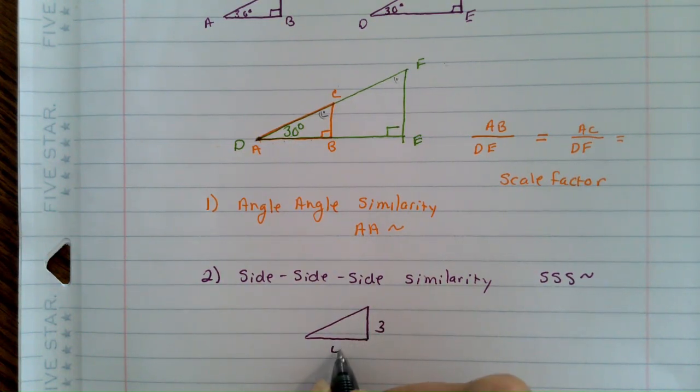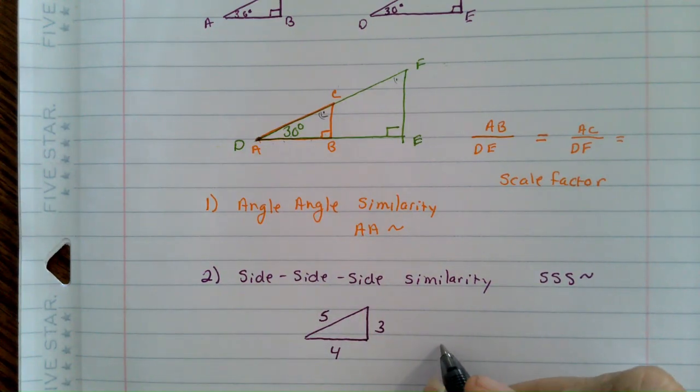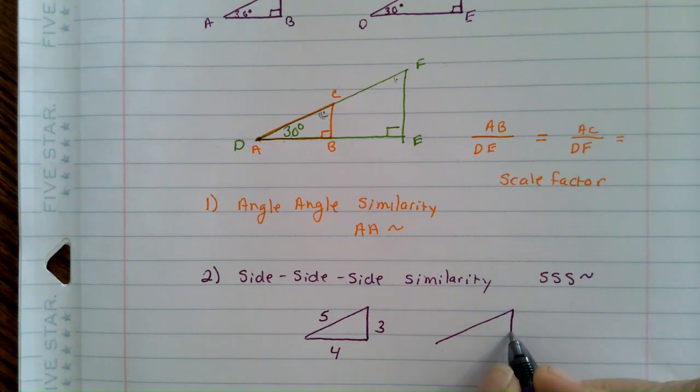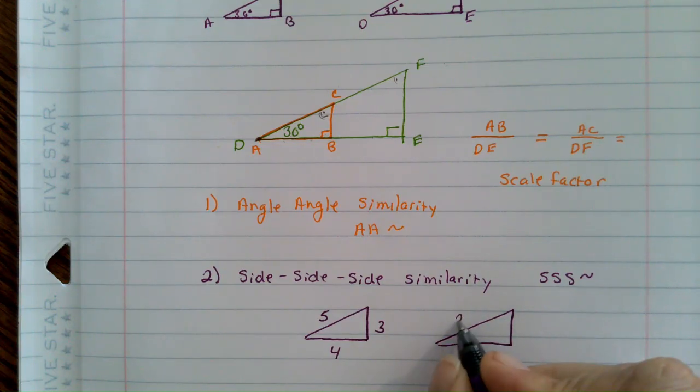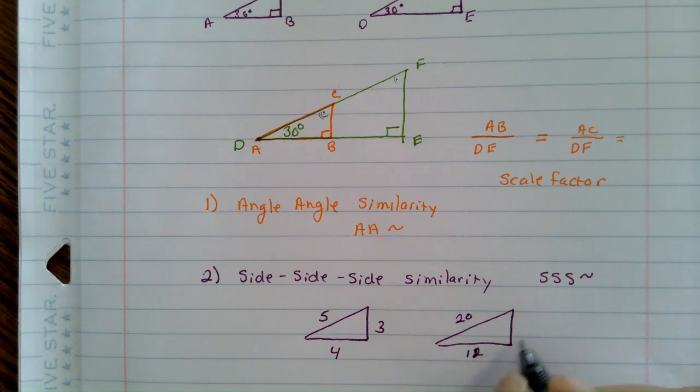Let's say you had a 3, 4, 5 triangle and a 20, 12, 16 triangle. Now, you might have noticed that I might have reflected it, flipped it, things like that.